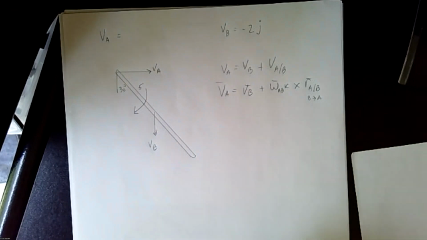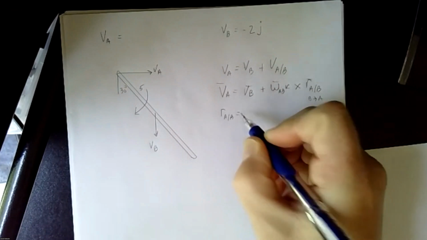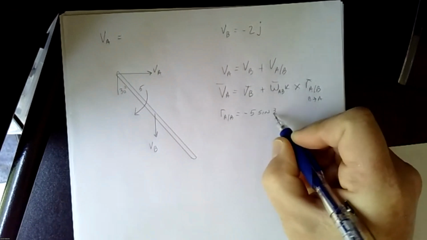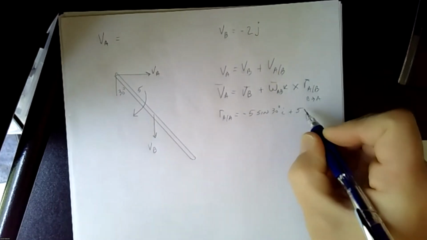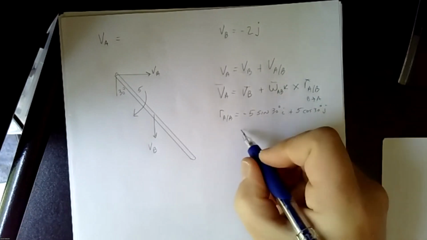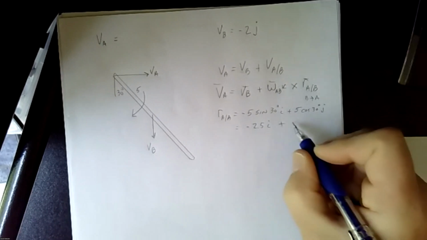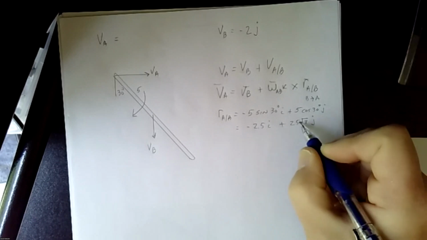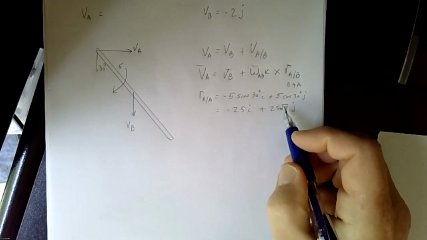Let's just write it below: our A relative to B is going to equal negative 5 sine 30 I plus 5 cosine 30 degrees J, which I can simplify to be negative 2.5 I plus 2.5 root 3 J. All right, so I'll leave those as that.